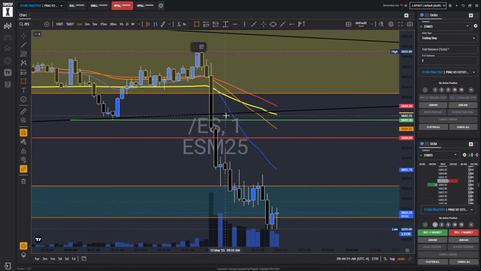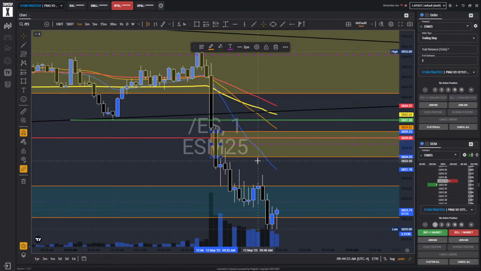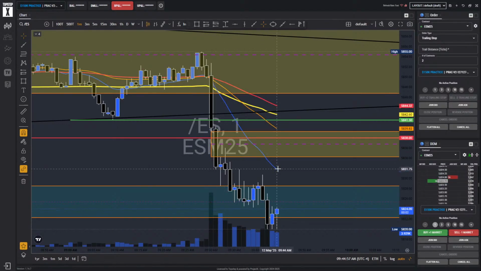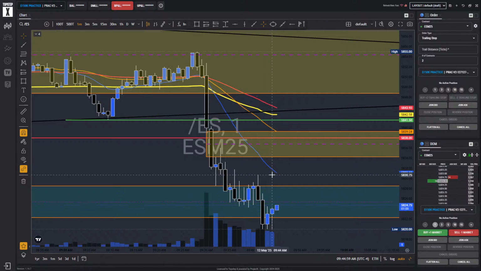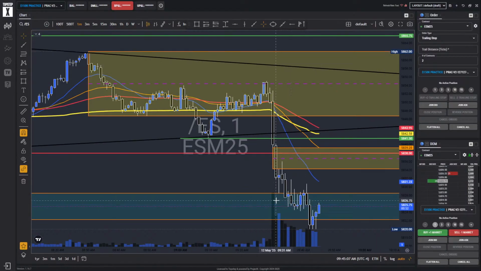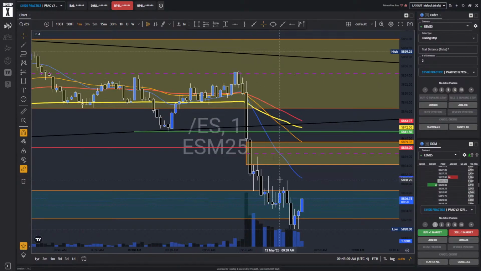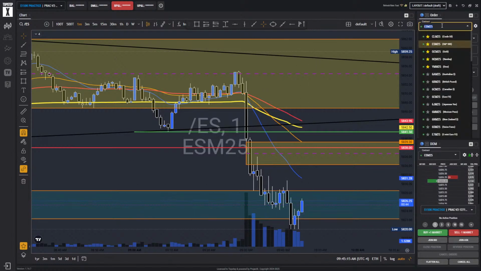Once more, the question was, do we see this fair value gap repeat itself? Yes, but not to the exact same extent. This gap then comes and clears itself. Nice and lovely.